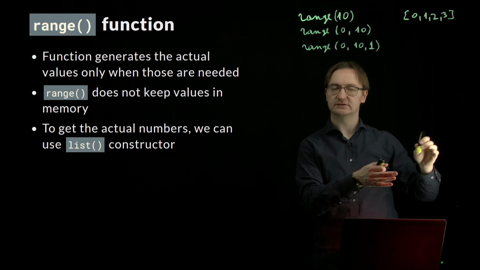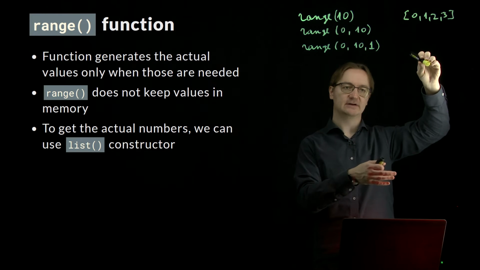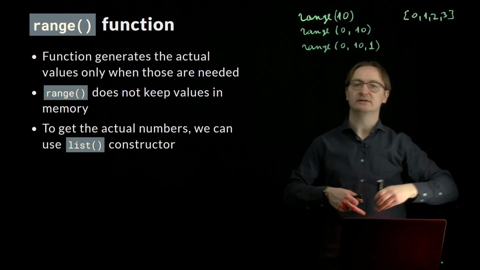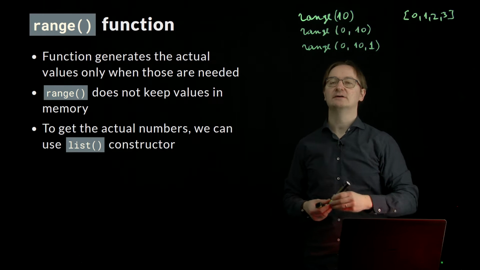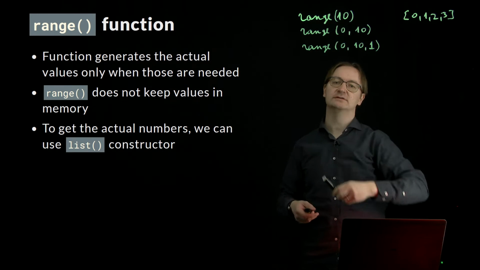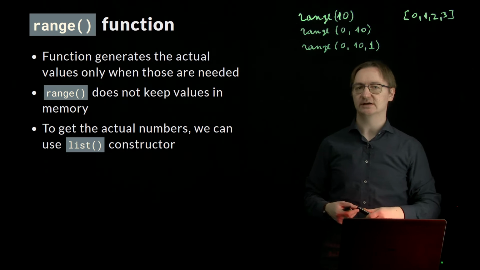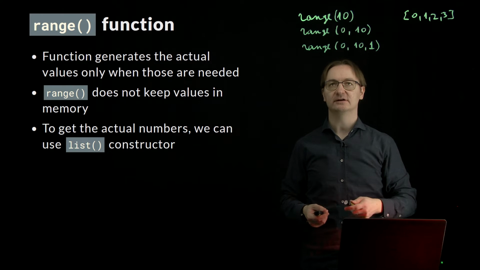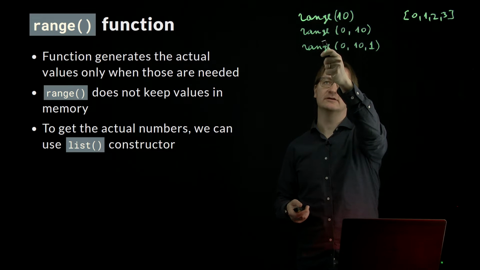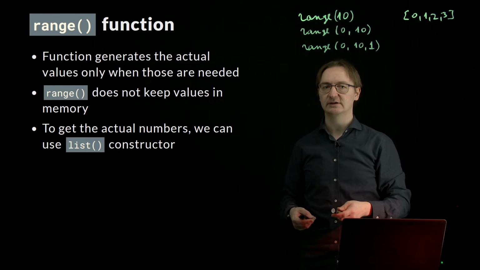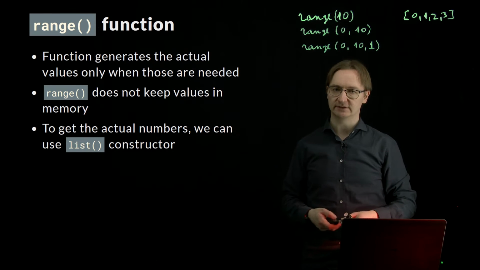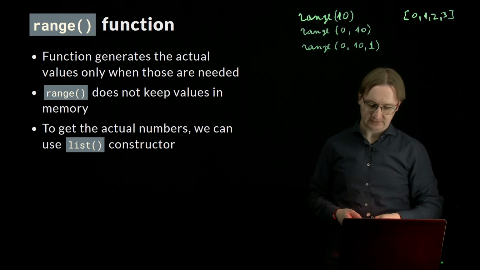The variable points to a memory, and in the memory we have those 4 elements already stored. The range actually doesn't do that. It kind of declares that we want to have those numbers, but we get those numbers as we require them.